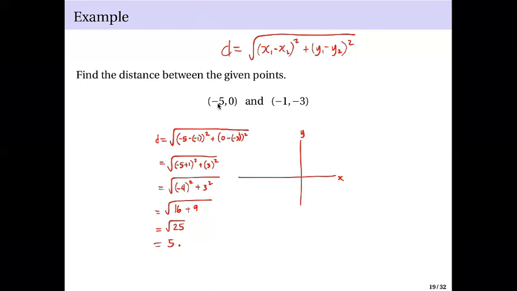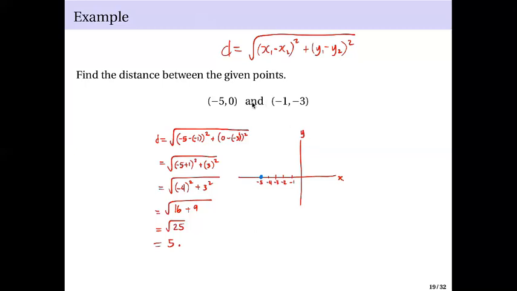So negative 5 on the x-axis: 1, 2, 3, 4, 5. So this is negative 5, negative 4, negative 3, negative 2, negative 1. And then your y coordinate is just 0. So you actually have this point.